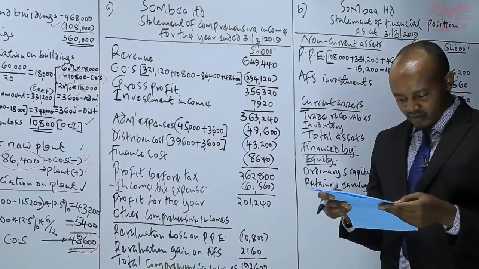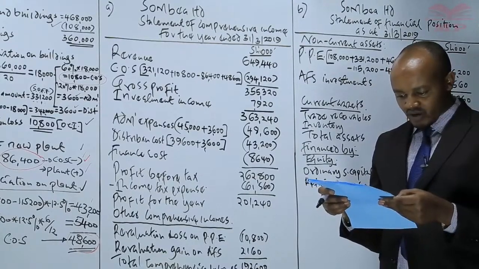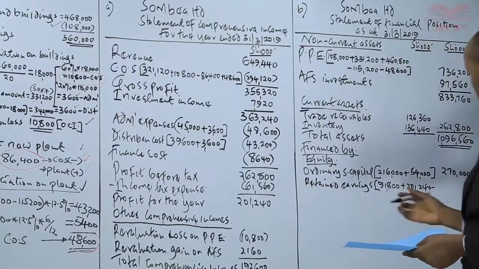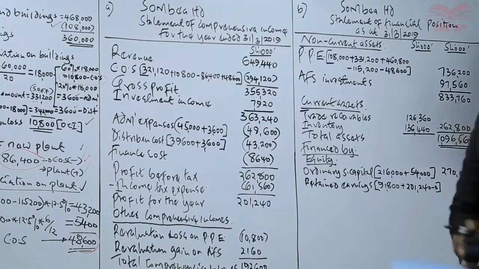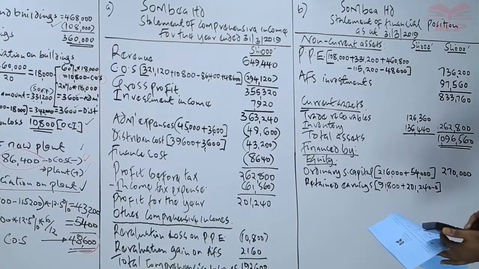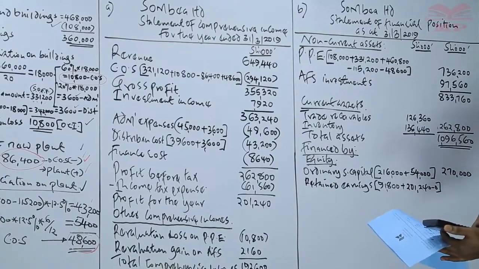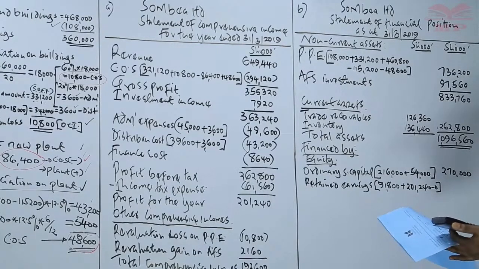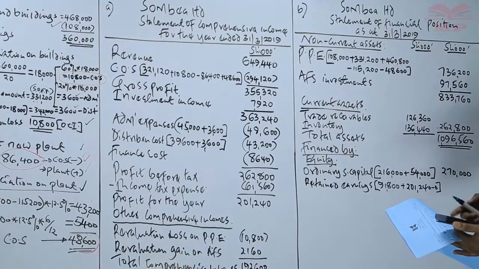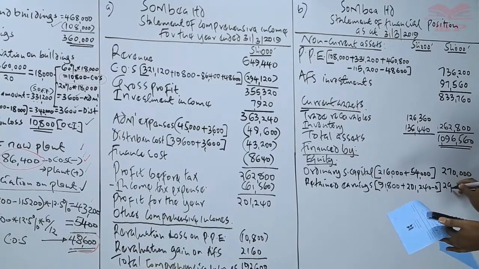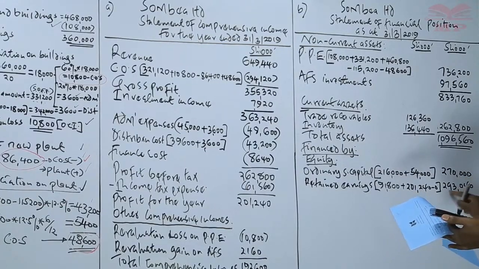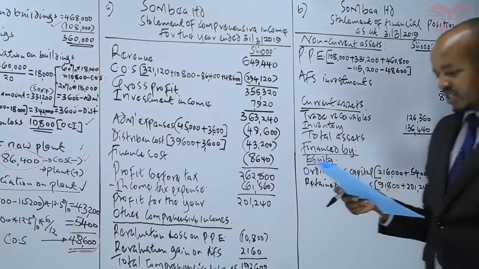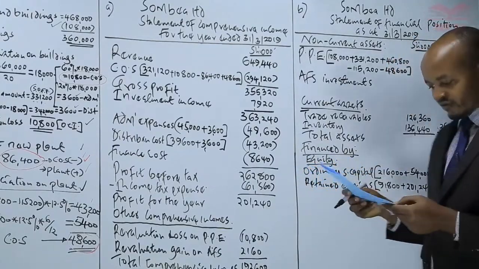In our case, we don't have dividends paid in the course of the year, so the dividend for the year was 0. But if there were some dividends paid, that should be deducted from the retained earnings. So we have 91,800 plus 201,240, and that will give us 293,040.